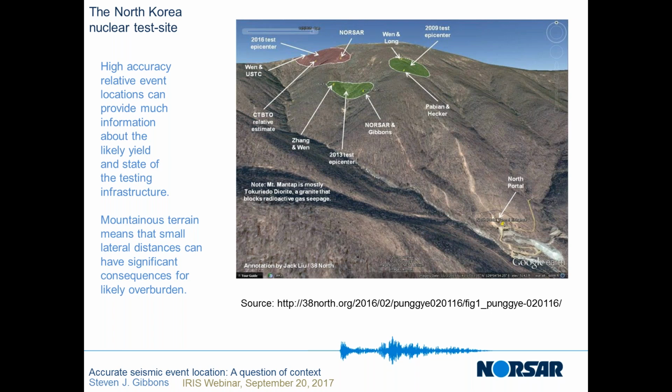If you can imagine the North Korean nuclear test site being in a desert where it was all flat and all in boreholes, it would probably be of purely academic interest as to the relative location estimates. But it's quite significant if we move an event 300 or 400 meters in any one direction, just because that has a huge influence on the potential overburden. So it does matter.